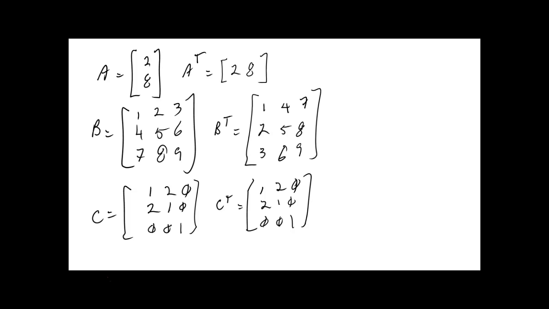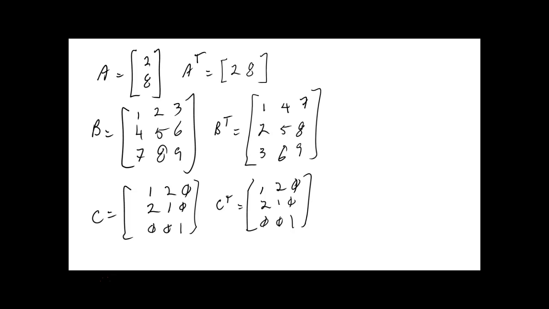And also, if A is defined to be all these individual entries Aij, where i is going from 1 to m, but j is also going from 1 to m, remember they have to be square, then Aij is always equal to Aji for all i not equal to j. Of course, if i is equal to j, then you're on the diagonal, so you have to be equal to yourself.